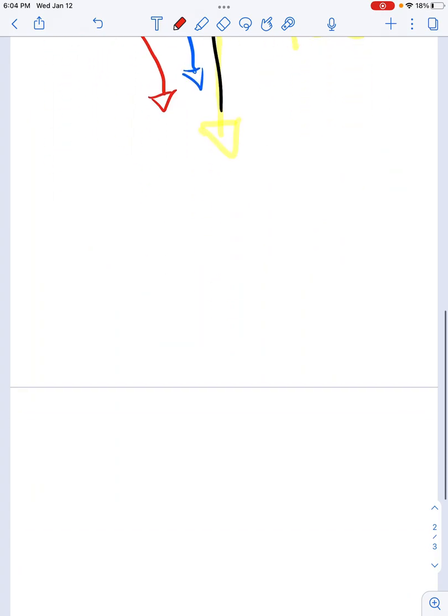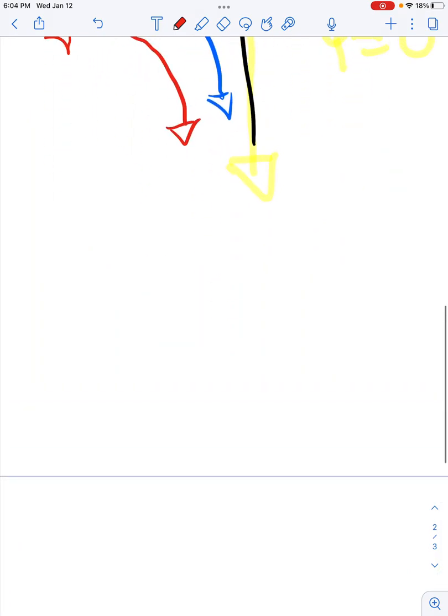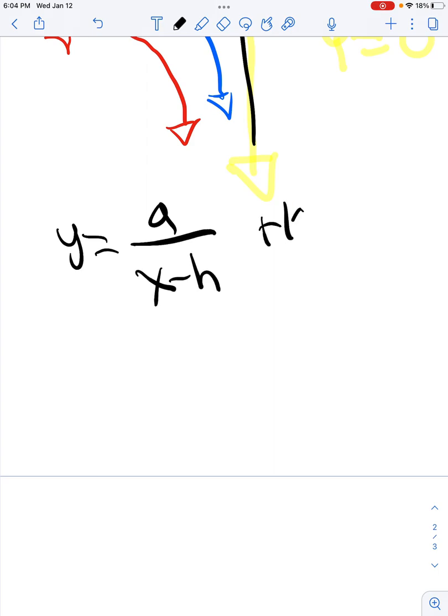So of course, this is going to lead us to some translation rules. The general translation rules go like this. If we take the function, this is our base form, a over x minus h plus k, you follow these steps. Step 1 is draw the asymptotes.